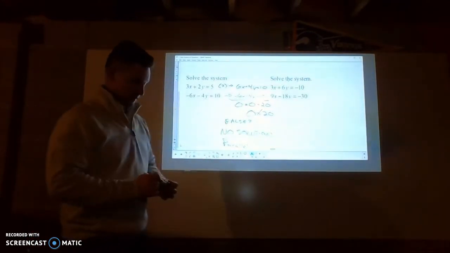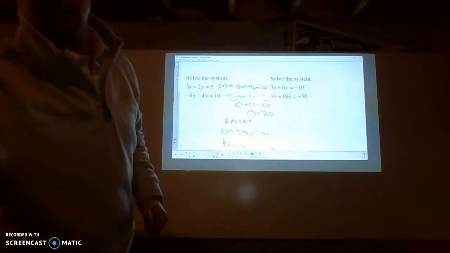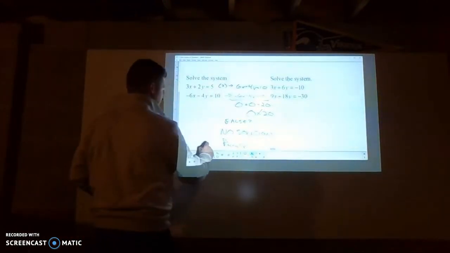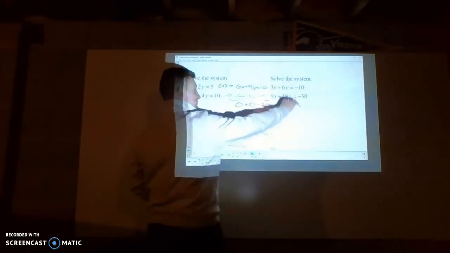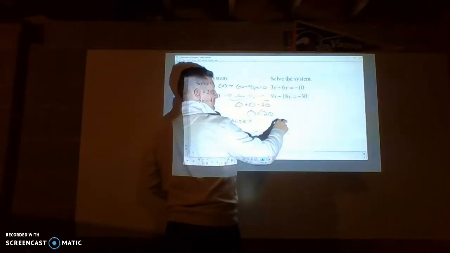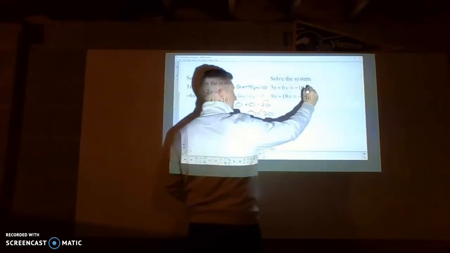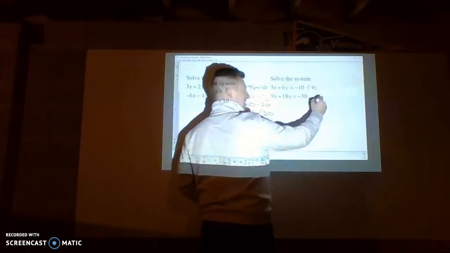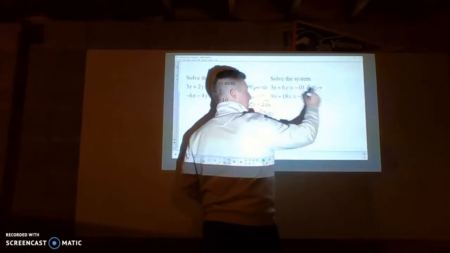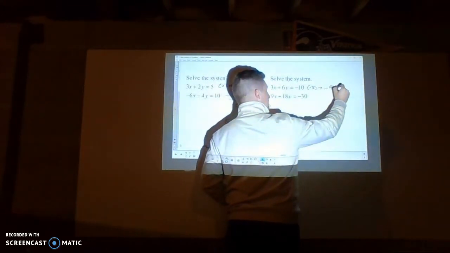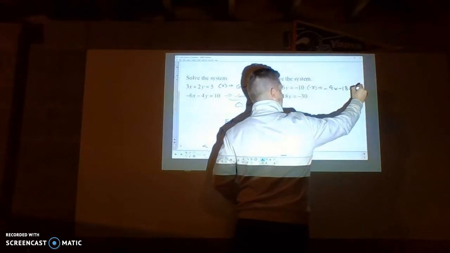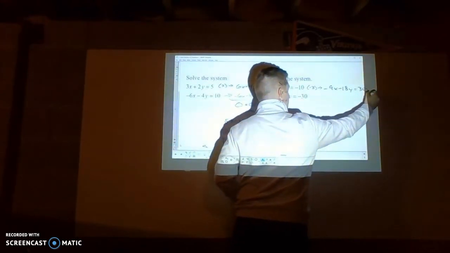Now, the other thing that might happen as you solve these systems is another weird case where variables disappear. Check out this setup. If I multiply the top equation by -3 to make the x's go away, that gives me negative 9x minus 18y equals positive 30.